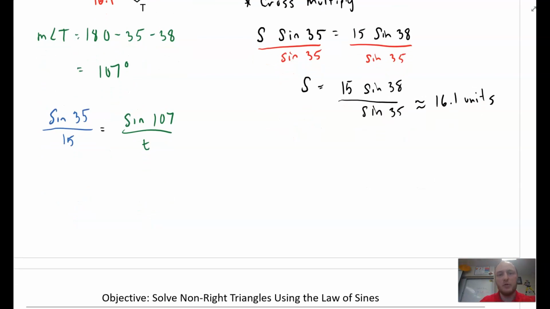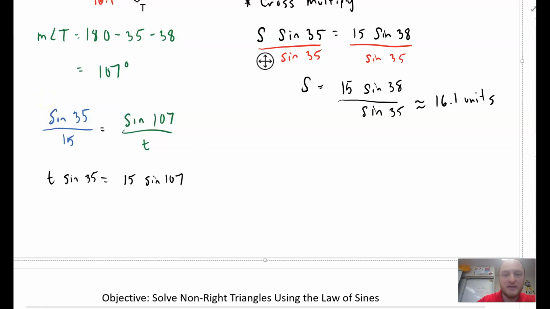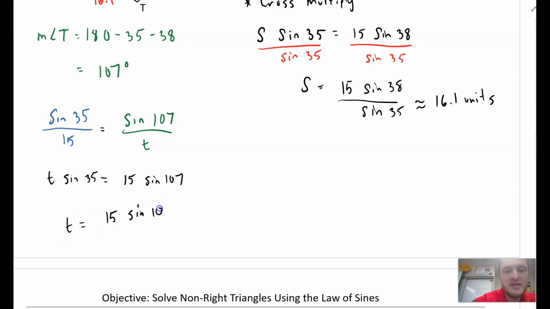Then we'll cross multiply and solve. So t sine 35 is equal to 15 sine 107. Then I divide, and we get t is equal to 15 sine 107 over sine of 35.